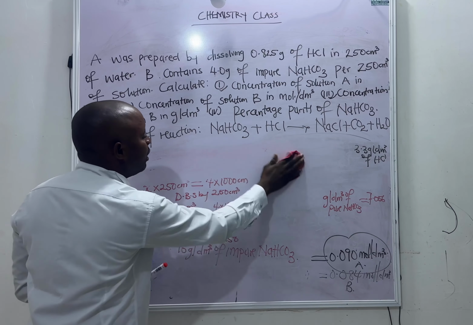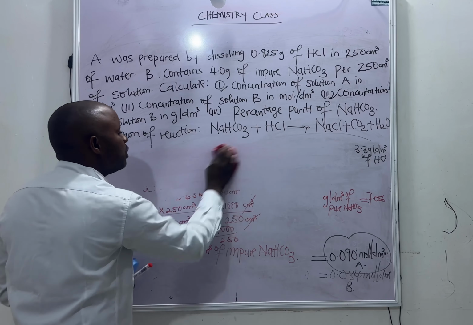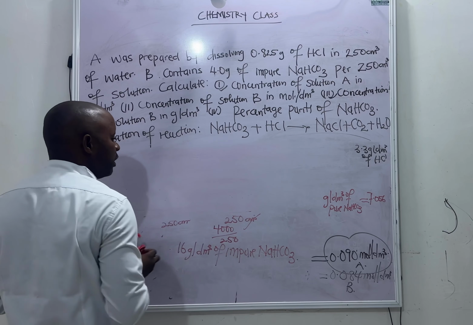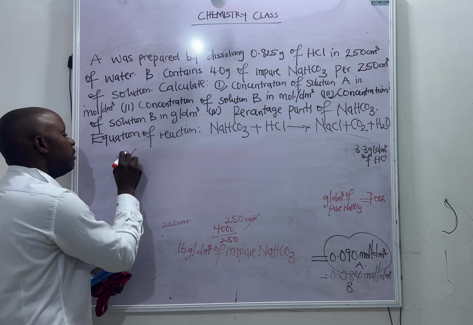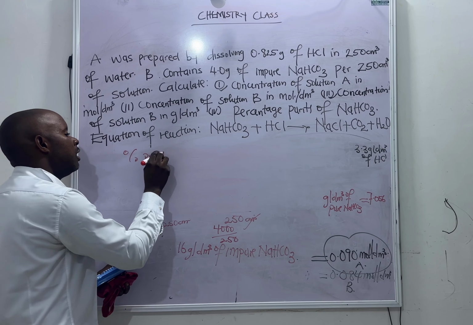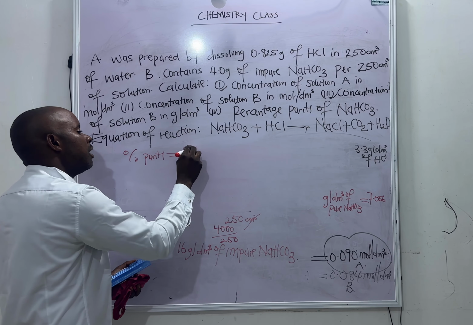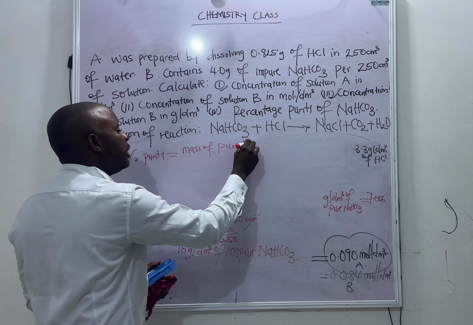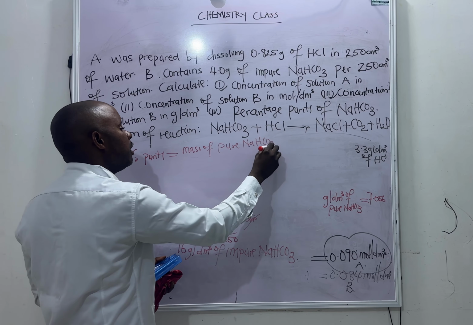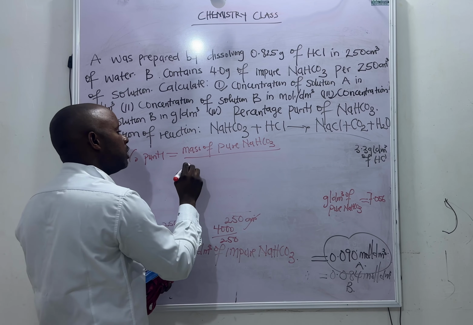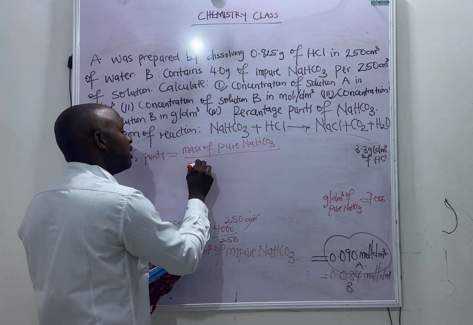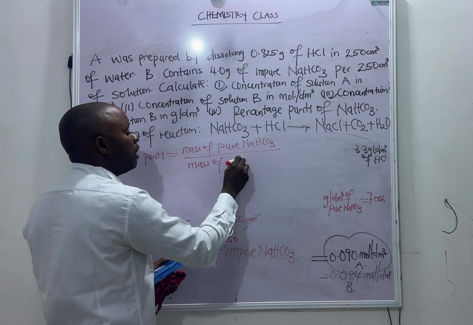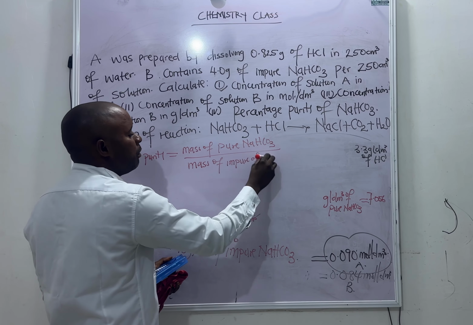So by so doing, since we have the two values, we can say percentage purity is given as the mass of pure sodium hydrogen trioxocarbonate(IV) divided by the mass of impure of the same compound, times 100.